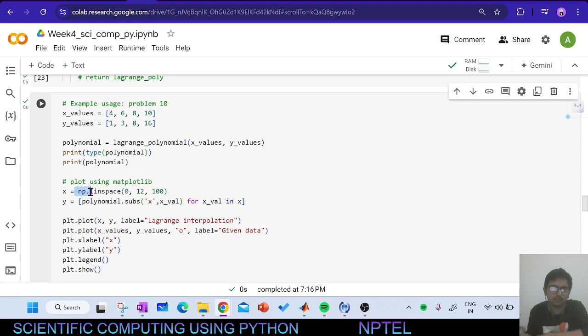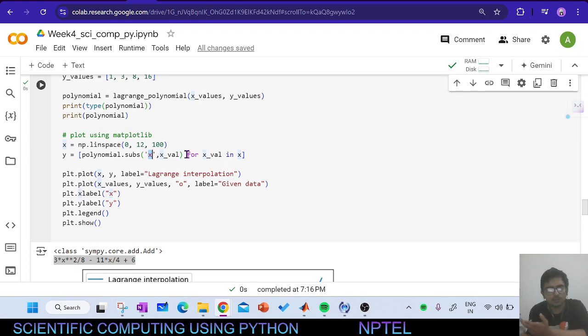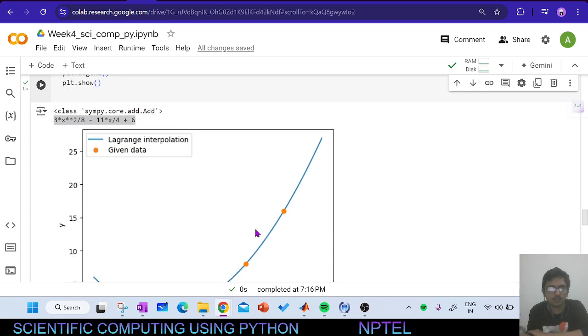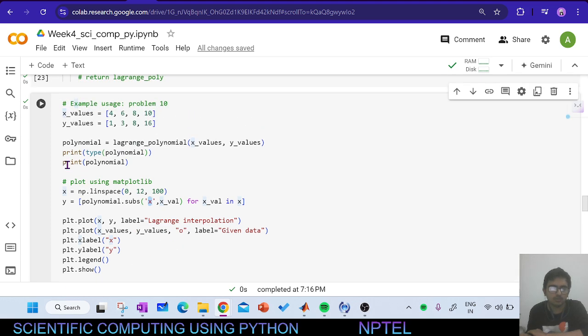So you define x as a linspace from 0 to 12, and y is the value of the polynomial with x substituted as the x value for every x value in x, right? So this is one way to define an array, right? So for each value of x in this array, we substitute the symbol x by that value, and then it will evaluate the function and plot it, okay, and it also prints this polynomial.